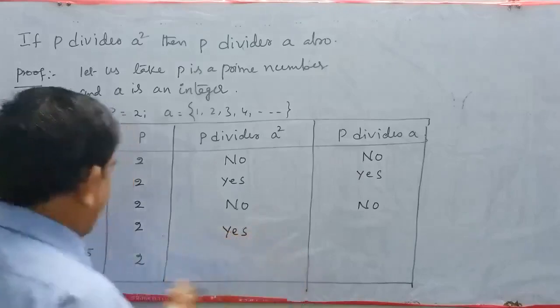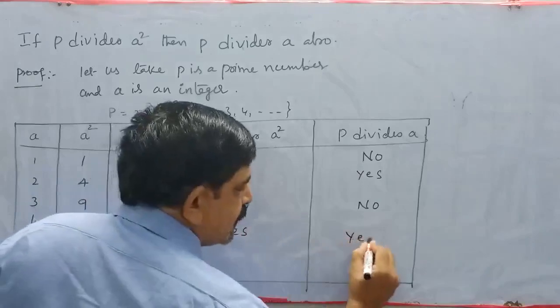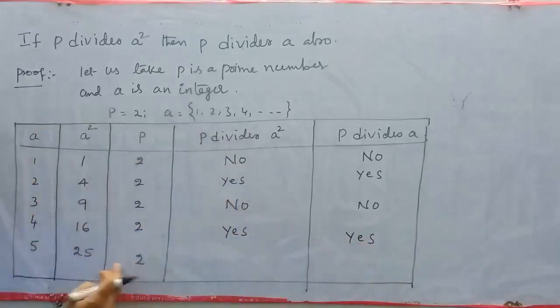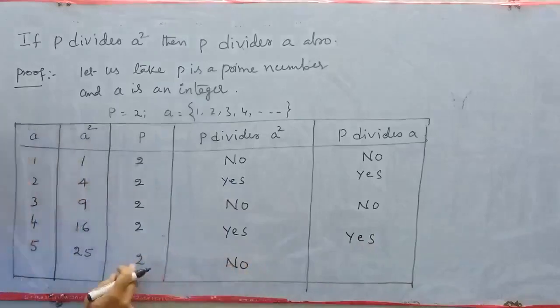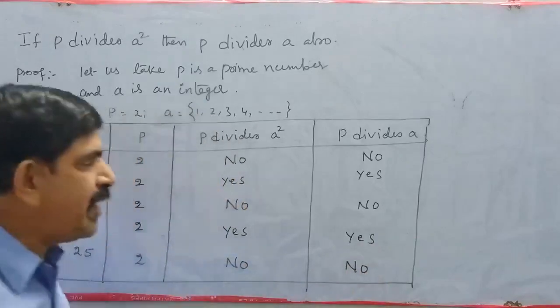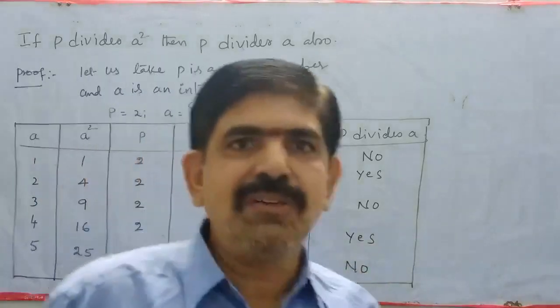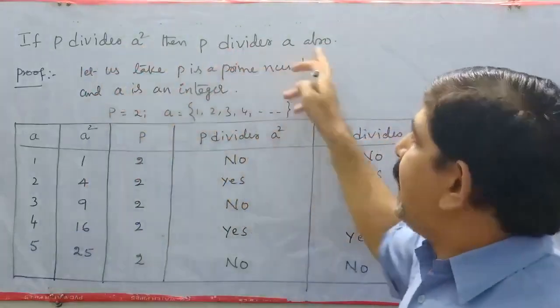Yes. And 2 divides 4 also, so it is also yes. Next, 2 divides 25. No. Then 2 divides 5. No. So from this what we can conclude: if P divides A square, then P divides A also.